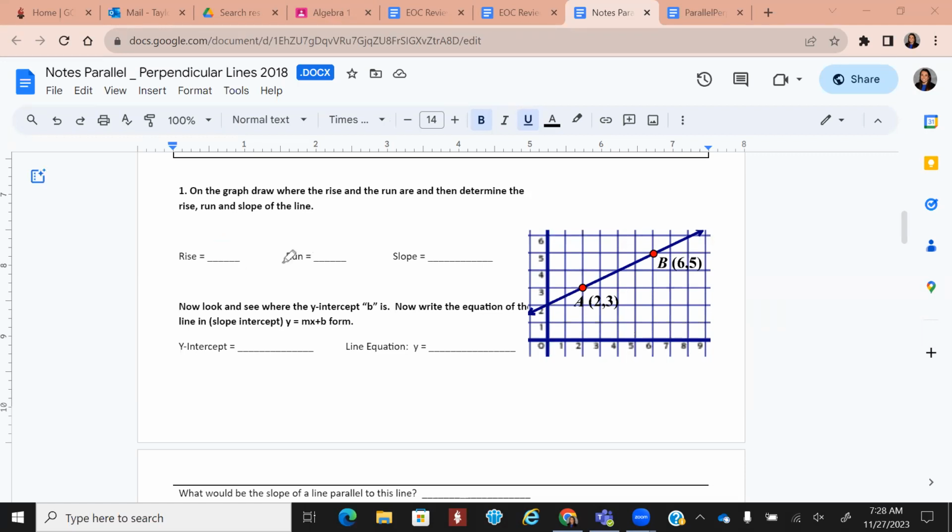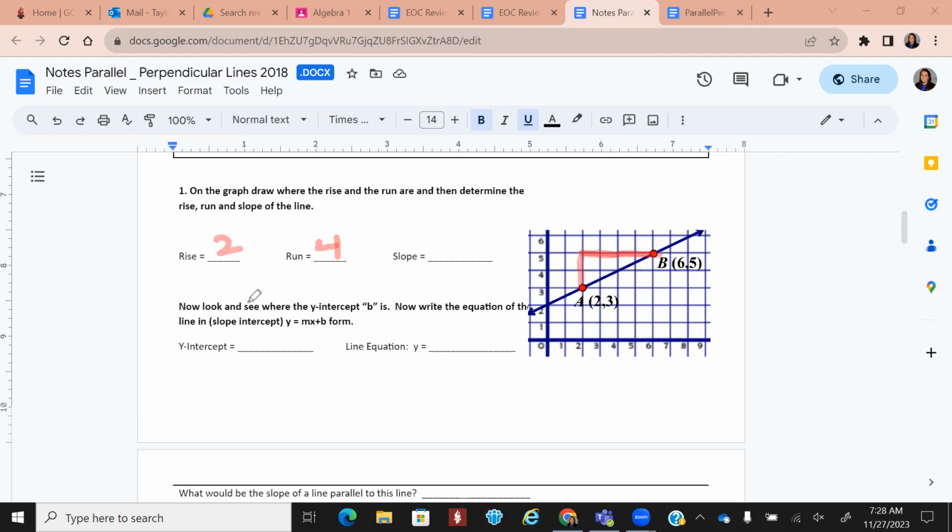Now run is where we go to the right to meet that point. How far over did we go? 4. We went over 1, 2, 3, 4 to meet that point, right? So our run is 4. We went up 2 and over 4.